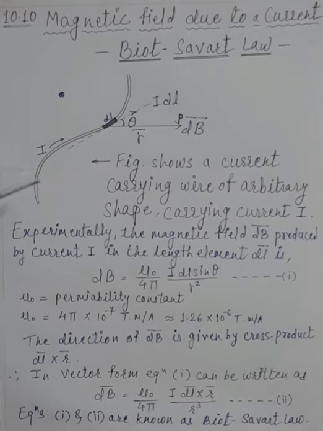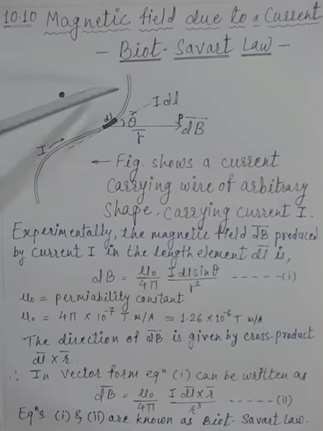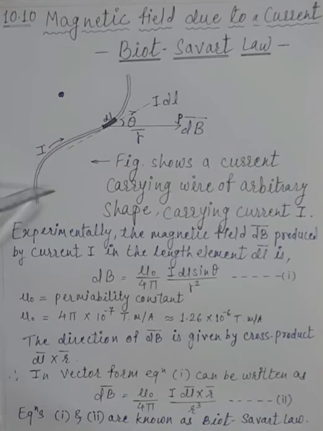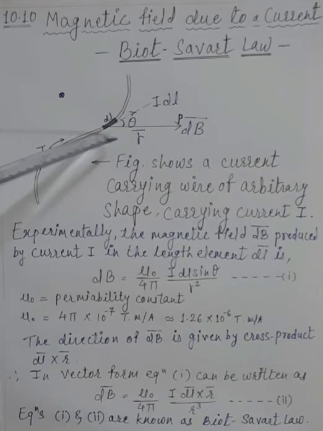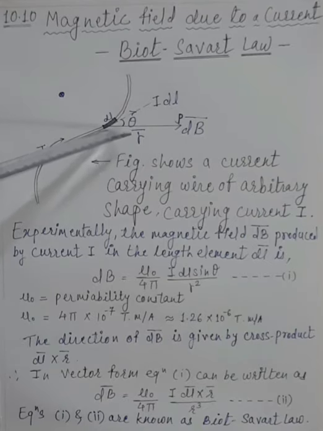In this figure, a current carrying wire of arbitrary shape is shown. I is the current flowing through this wire. L is the length of the wire. Consider the differential length element dl at the center of the wire.